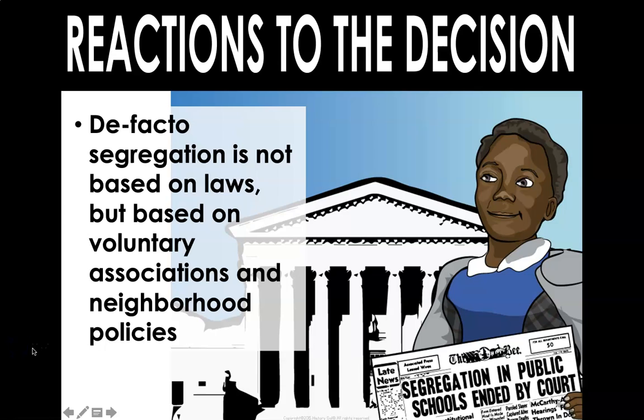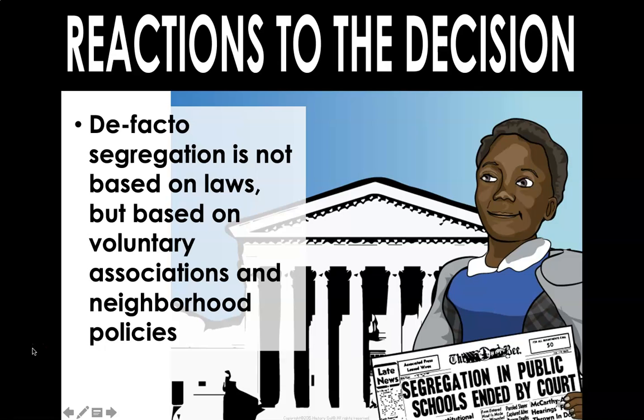All right, so de facto literally means by fact. So this means that, for example, when we say that segregation is not based on laws, but voluntary associations and neighborhood policies, consider how some people would choose to live by other people. So it's your choice. It's based on customs.